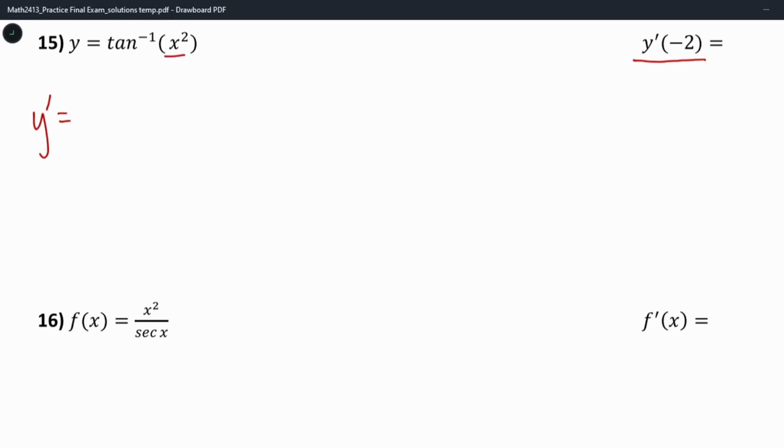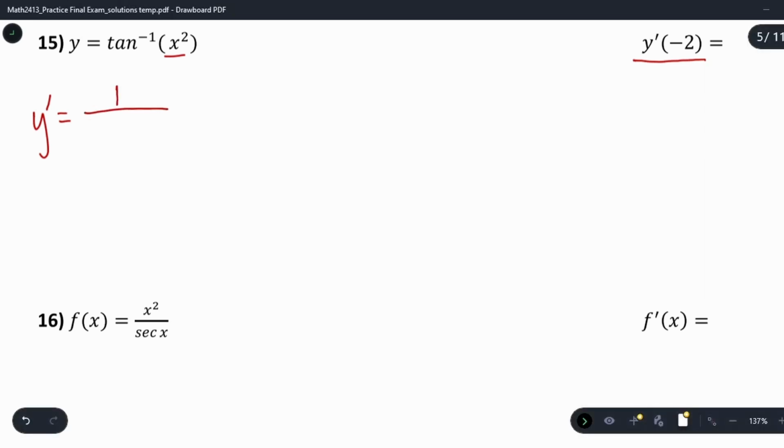Again, the derivative of inverse tangent is 1 over 1 plus whatever the angle is squared. Here the angle is x squared, which is going to be squared. And then you do need to multiply by the derivative of the angle, which is 2x. And that will simplify to 2x over 1 plus x to the 4th.